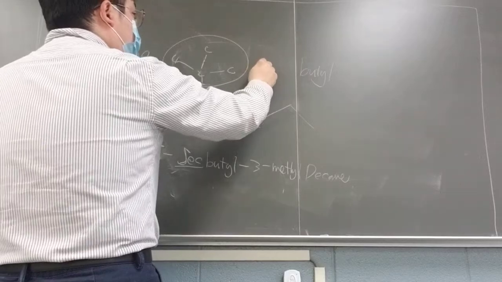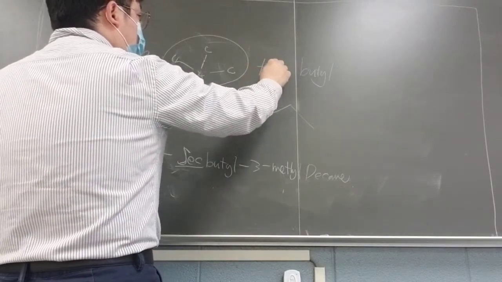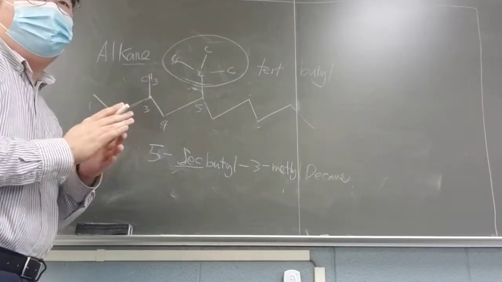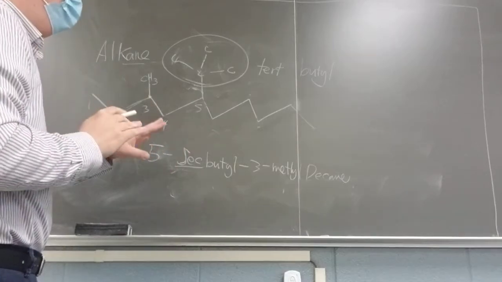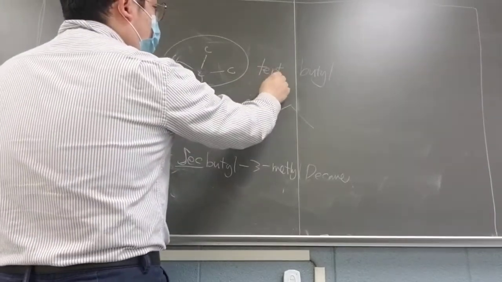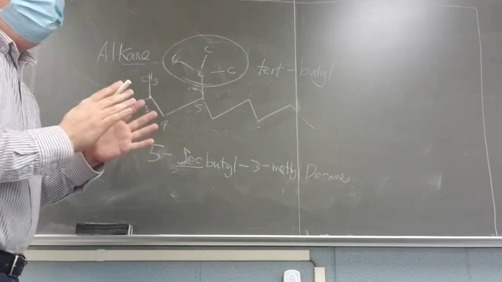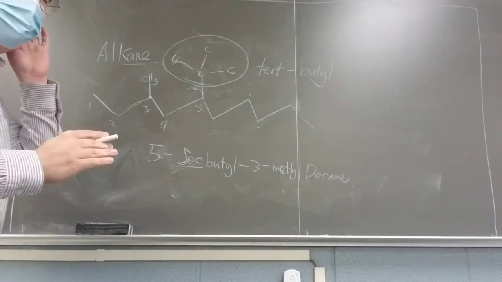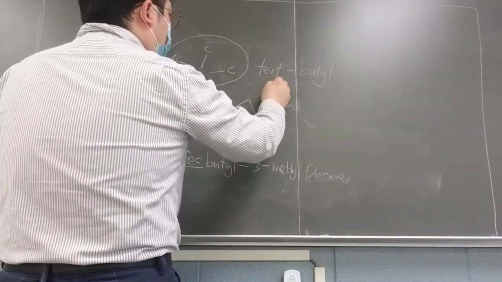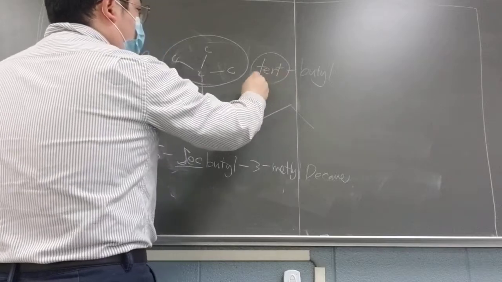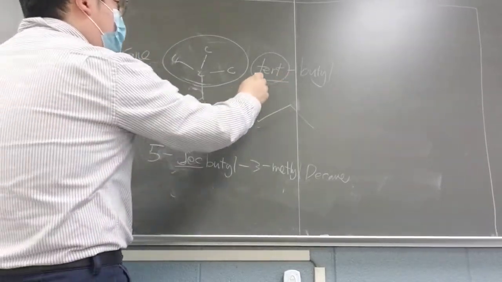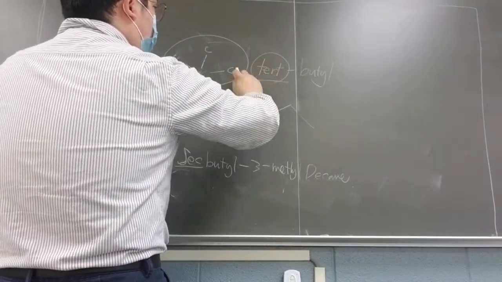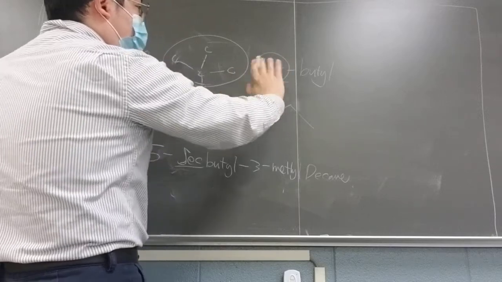So we're going to put t-e-r-t. We're not going to write the whole word tertiary, but just 4 letters, t-e-r-t. And same as for your secondary butyl, we're going to write this one in italics. So this also does not count for alphabetic order.